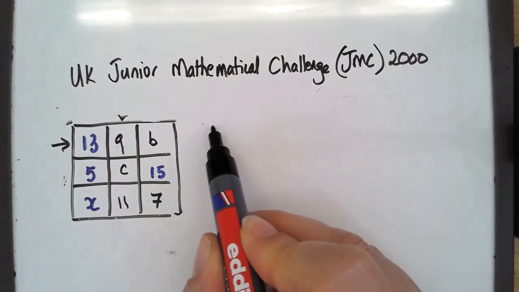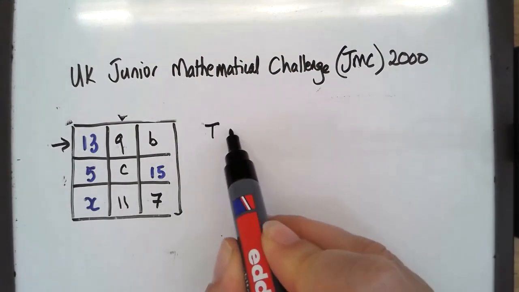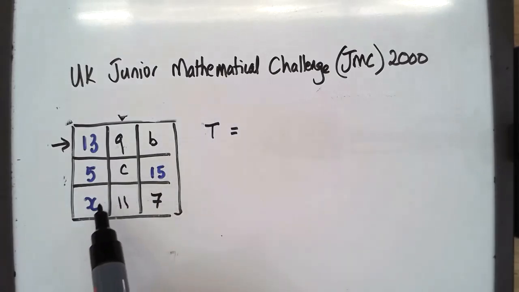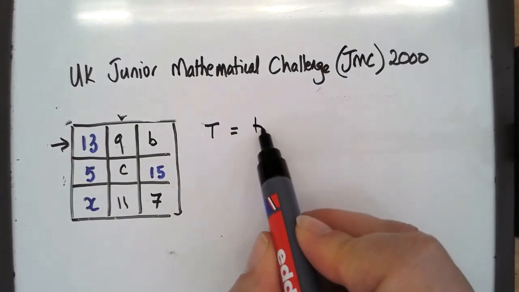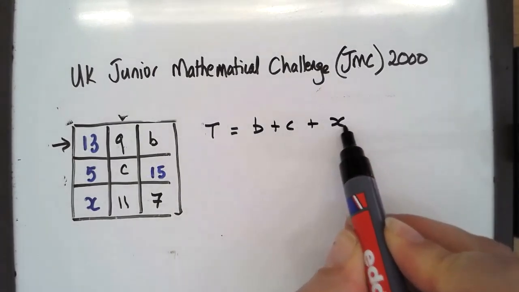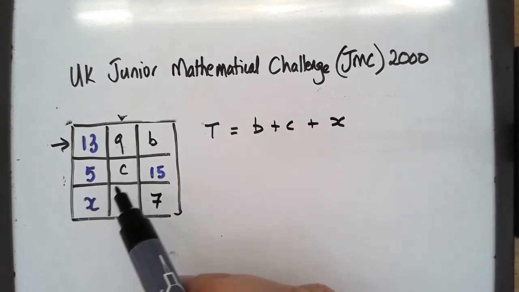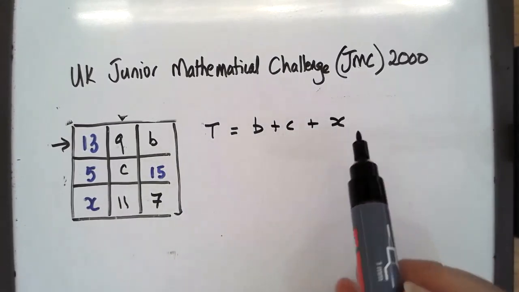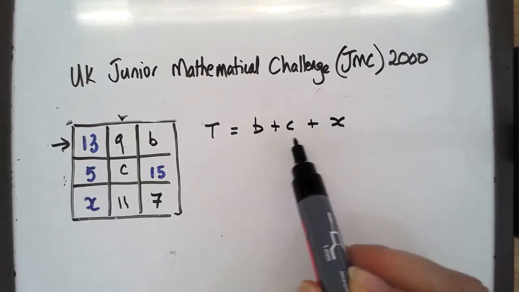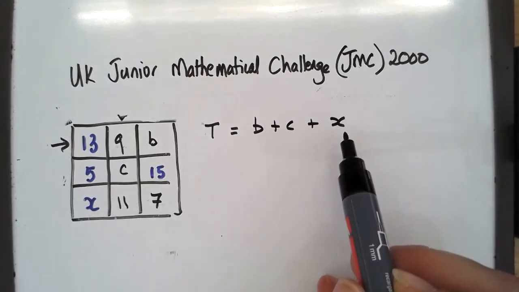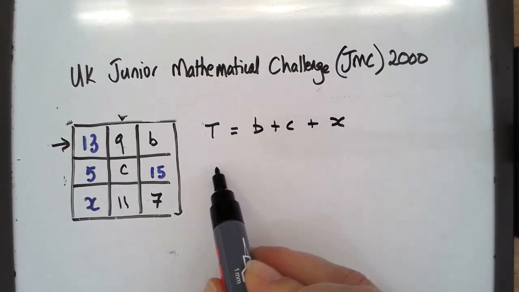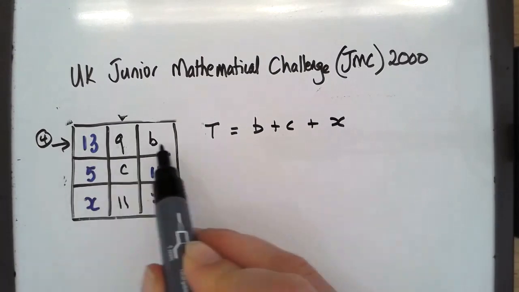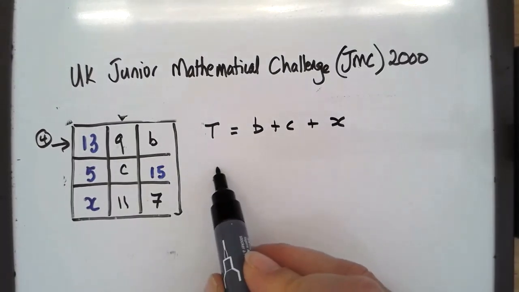So let's say that T equals the magic number, and we're going to start with B, C, X. We don't know what any of those are, so we now need to create an equation that looks at these 3 letters. So we're going to start by looking at 4. We're going to call this 4 just here.